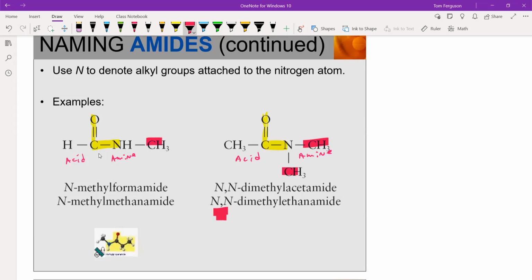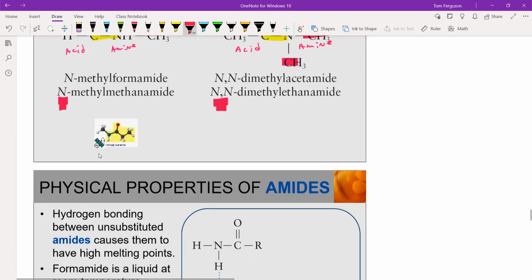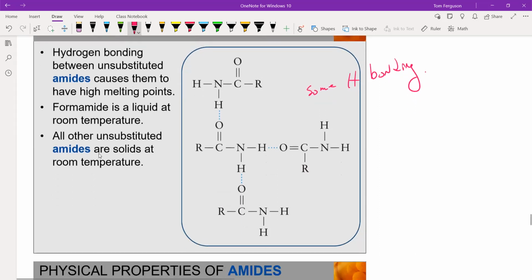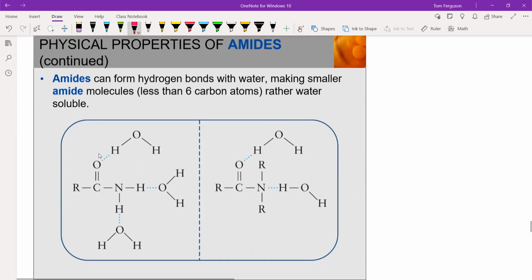And we have one methyl group here. Okay, there is some hydrogen bonding. And then the same thing applies with water.